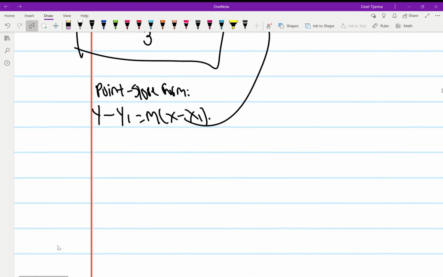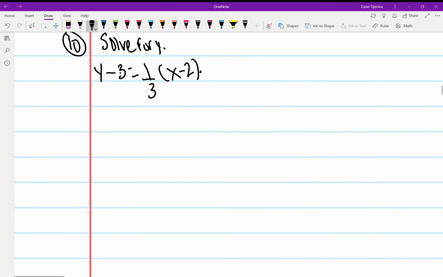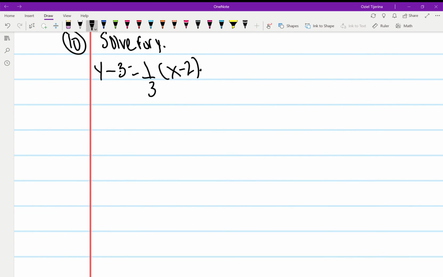So our last one, we have y minus 3 equals 1/3 times (x minus 2). If we do our distributive property first, we have y minus 3 equals 1/3 x minus 2/3.